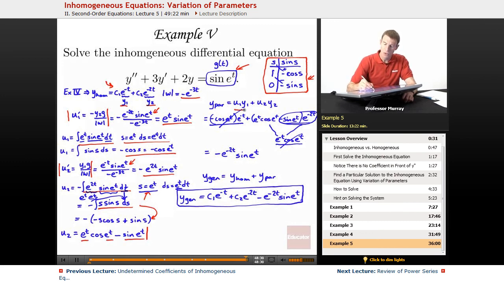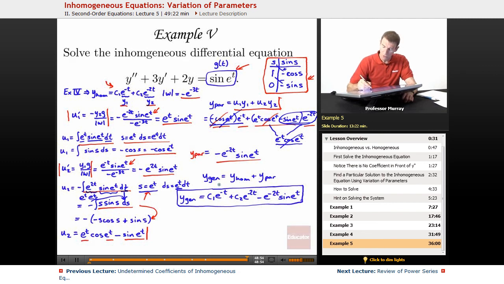And then we took u1 and u2 and plugged them into our generic form for the particular solution. So there's our u1 and u2. Multiply them by y1 and y2, and it was nice because some terms canceled. That term canceled with that term, and so it simplified down to a single term here. So that was our particular solution.